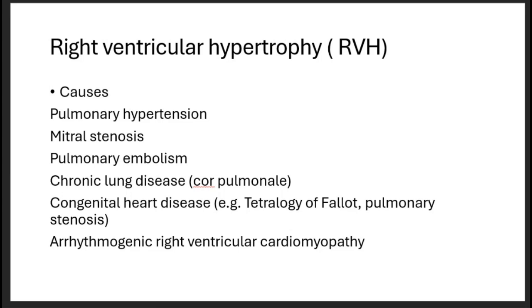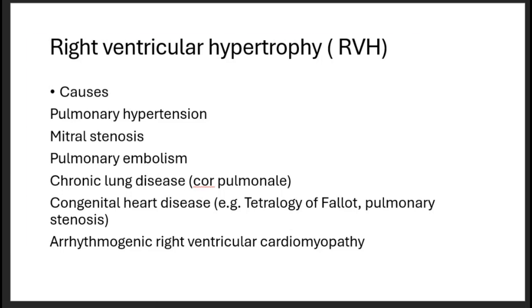These are some causes of right ventricular hypertrophy. I think it's important to remember for pathophysiology, I think it's there in the CVS chapter, and it's also important for internal medicine 1. So it's just good to know what causes right ventricular hypertrophy.